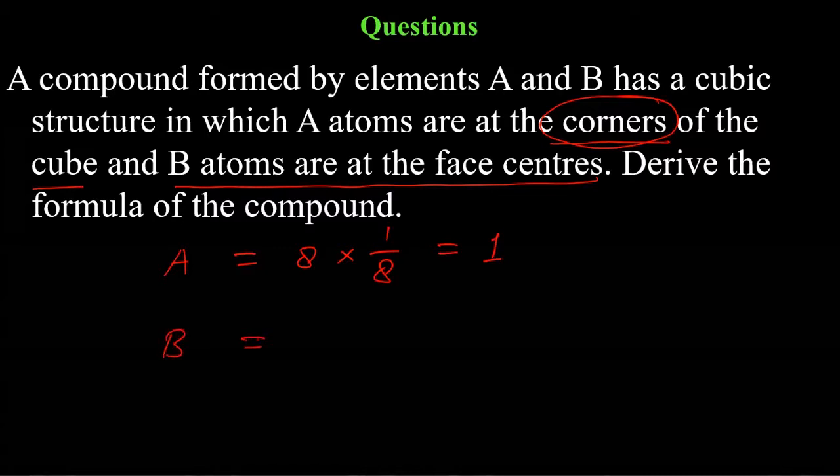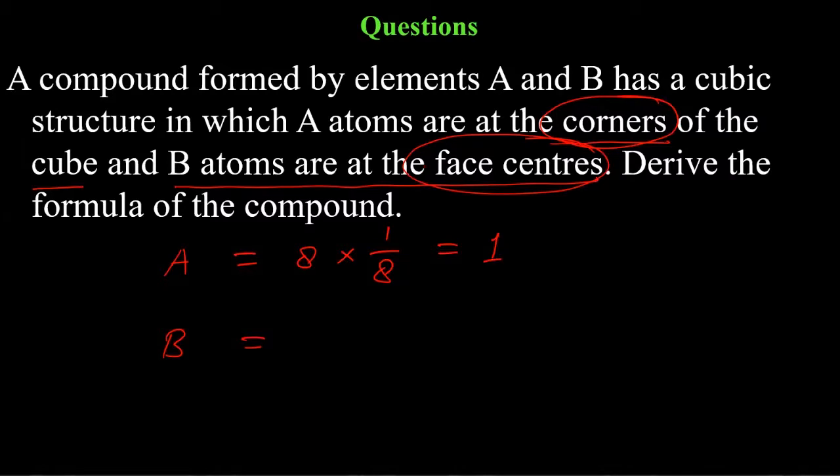B at the face centers. Face centers means how many faces? 6, contribution of each face. It means AB3.